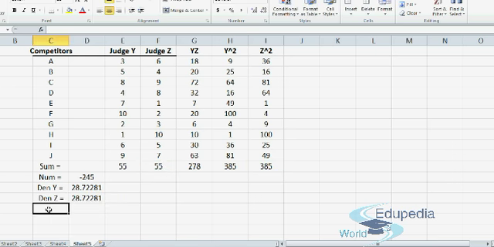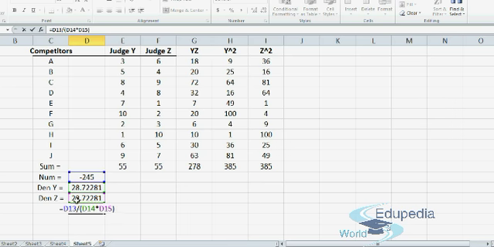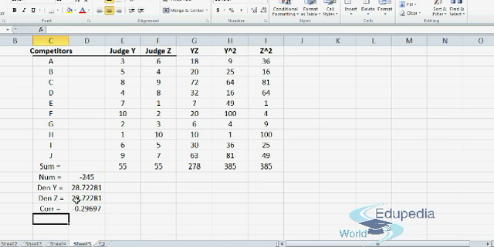Okay, and finally the value of correlation will be equal to the numerator divided by the product of the denominators. And here we have, voila, again the same answer.